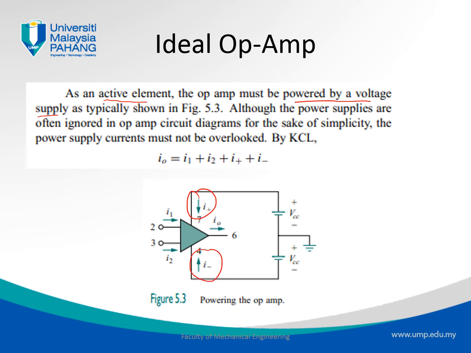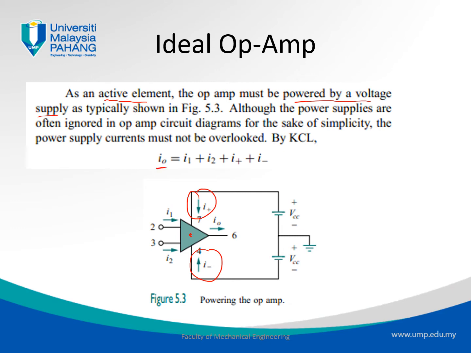Although the power supplies are often ignored in op amp circuit diagrams, the current must not be overlooked. If we look at a node inside, we rarely look at it in solving problems, but if we look at the details, the currents are usually very small.